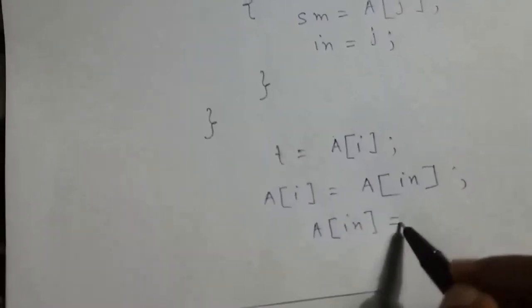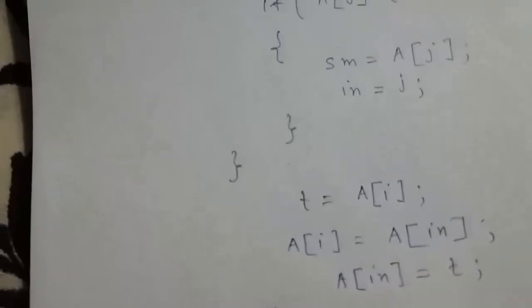So now the swapping is done, and the outer for loop is now closed.